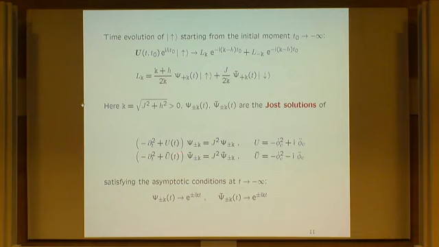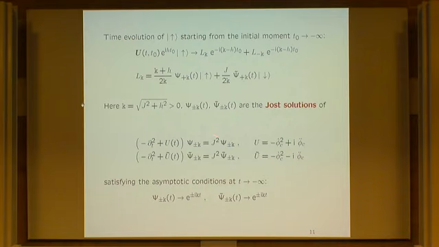As usual, you have a matrix first order differential equation. You can transform it to a second order differential equation, and in this case it would be just the Schrödinger equation, where J squared plays the role of energy and U is a potential. Sometimes this is called the Miura transform, from the potential phi to u.